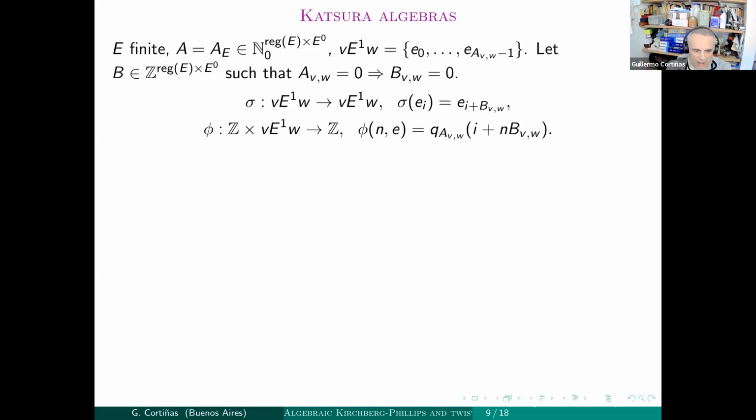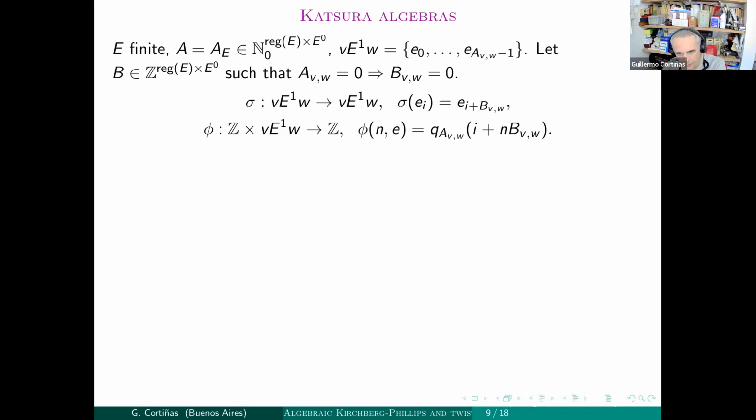And associated to that action, you have a one-cocycle, which is this phi. This letter q indicates the quotient in the division. So you take i, which corresponds to the edge e_i, and you apply the action sigma n times.